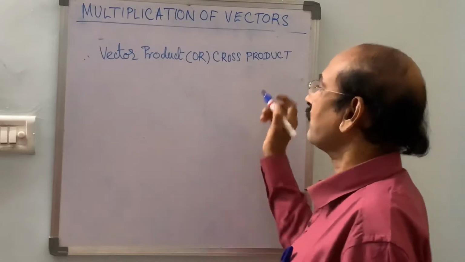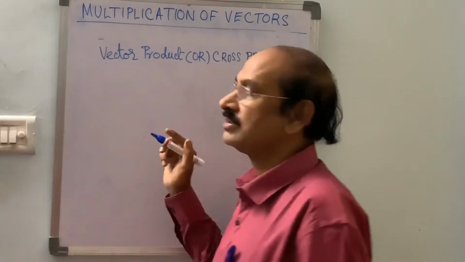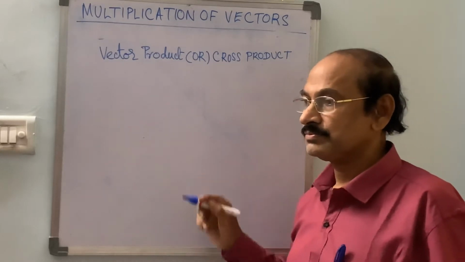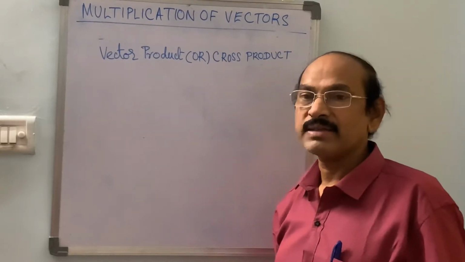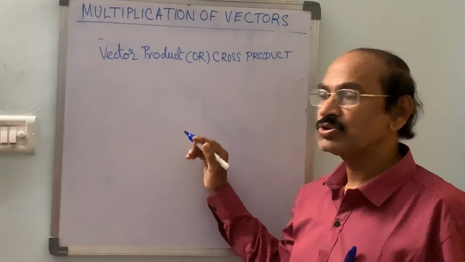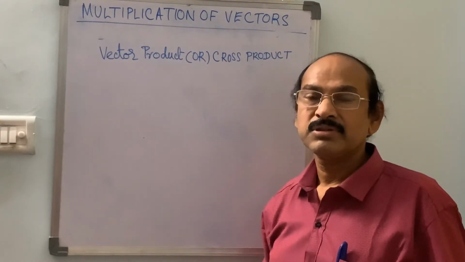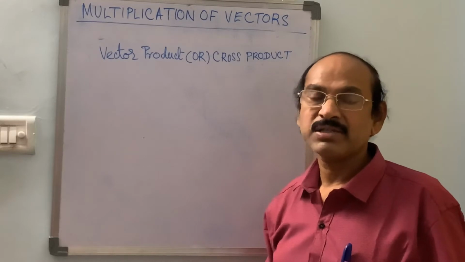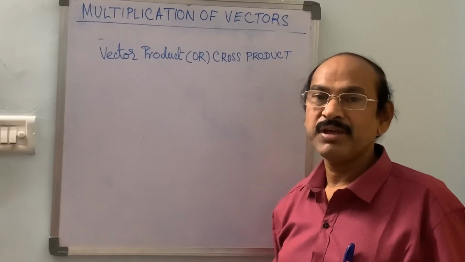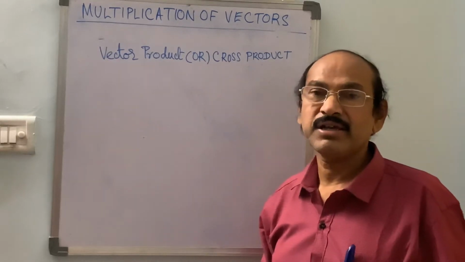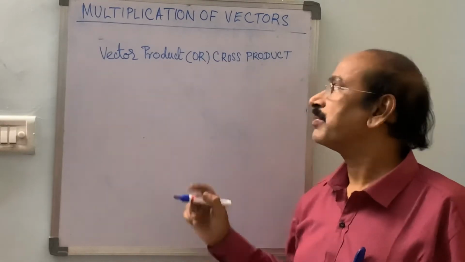Now we define this vector product as a vector whose modulus is the product of the magnitudes of the two vectors and the sine of the angle between them, into n bar, where n bar is a unit vector in the direction of A bar cross B bar.